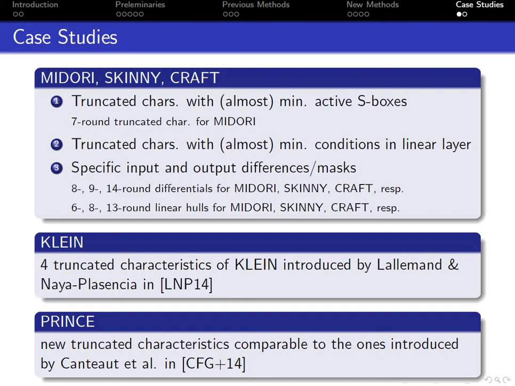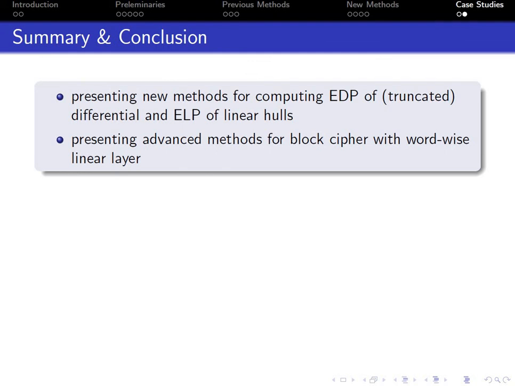Coming to the end, we present new methods for computing expected differential probability of differentials and also truncated differentials. These methods are extendable to computing expected linear potential of linear hulls. We also present advanced methods for computing these probabilities or potentials for block ciphers with wordwise linear layer.